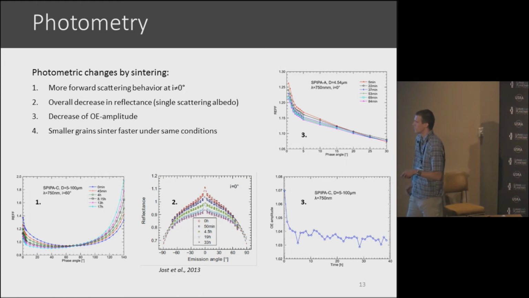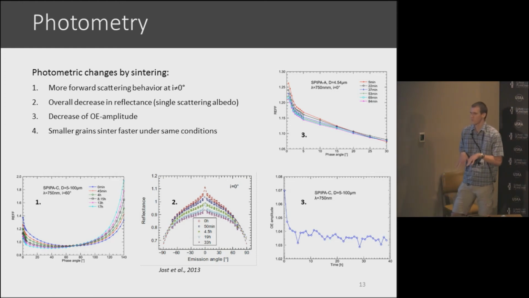This is only visible when illuminating at a certain incidence angle. It doesn't work for vertical illumination. When illuminating vertically, what we see is that the overall reflectance decreases with time, and this is the effect of photons traveling deeper and there's more absorption compared to a reflection scattering on this surface.